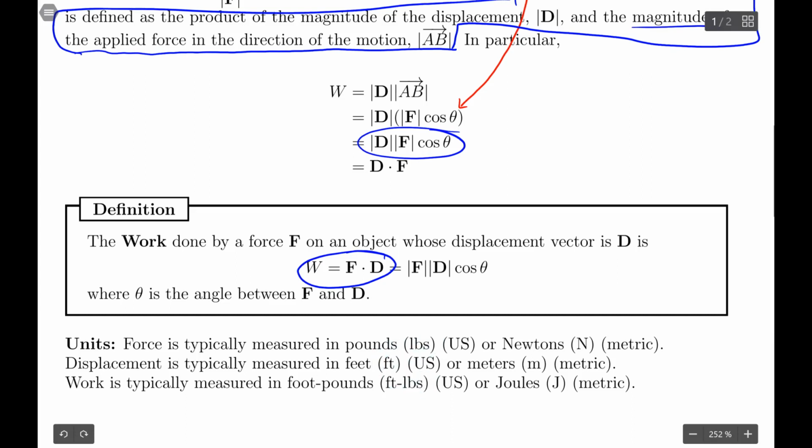But if you are measuring displacement in, say, yards, then you're actually going to have to do a little bit of work to convert your units so that you end up getting foot-pounds rather than yard-pounds or something else. Or if you're in the metric system and you decide you're going to be measuring displacement with kilometers or nanometers, then if you want joules, you're going to have to actually convert some of your units so that they actually match up. So it's pretty important to work out.